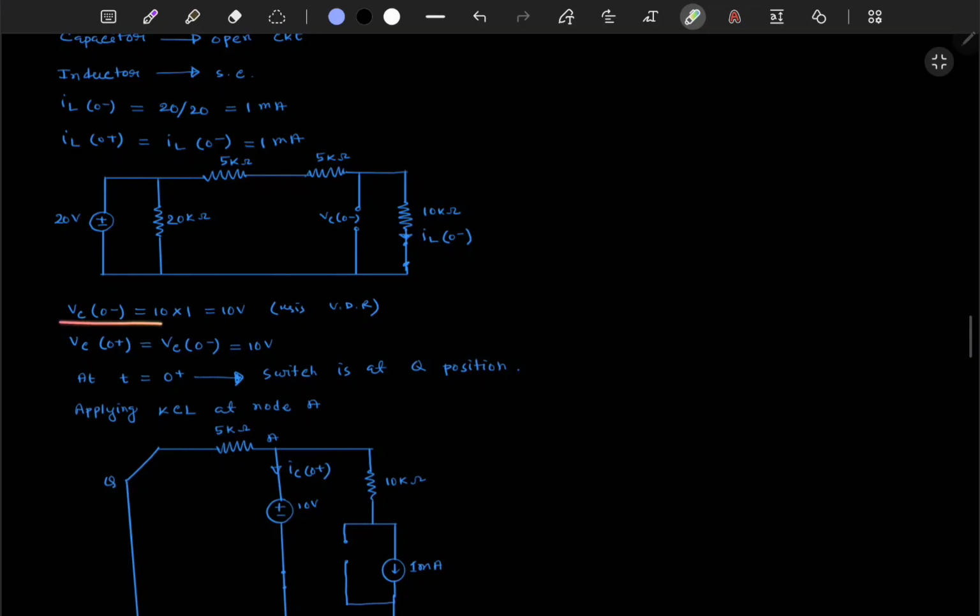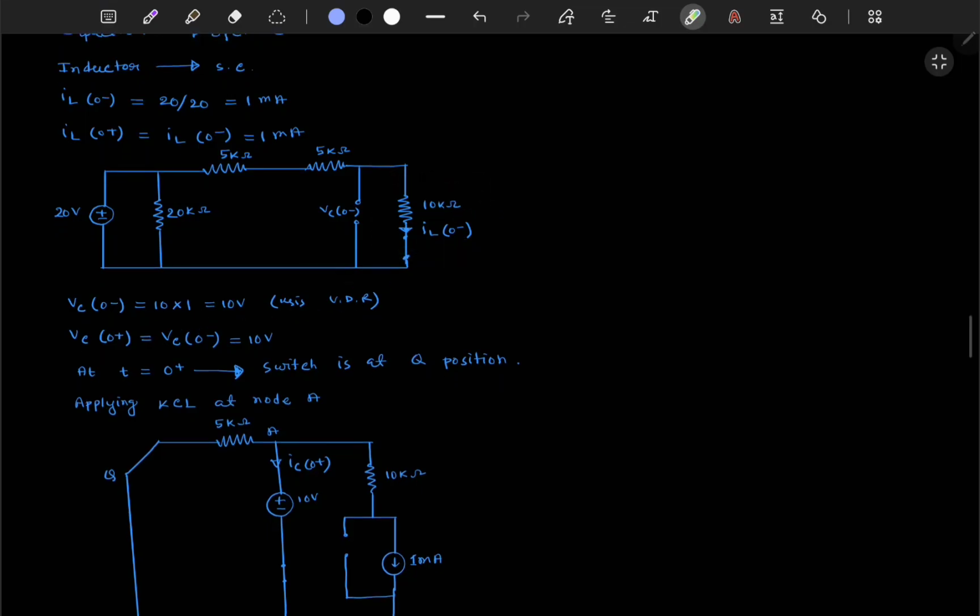Now Vc(0-), how can we calculate? We can calculate the voltage drop across this resistance. It will be 10 volt, because the voltage is divided equally in these two resistances. So here also 10 volt drop, here also 10 volt drop. So Vc(0-) is 10 volt and Vc(0+) also will be 10 volt.